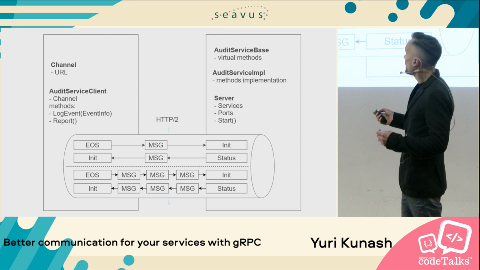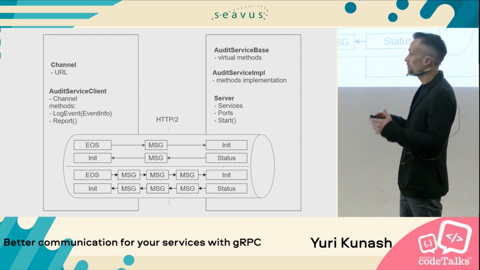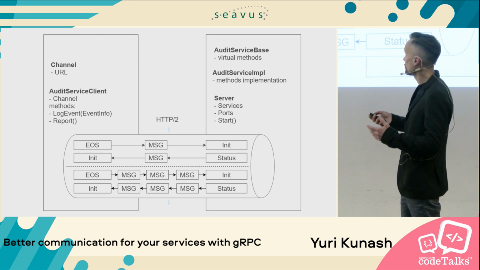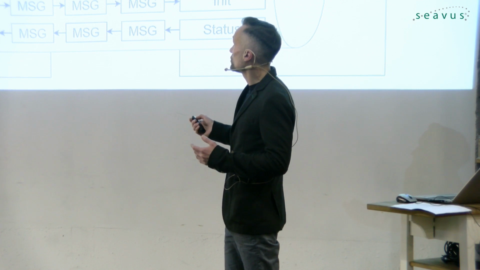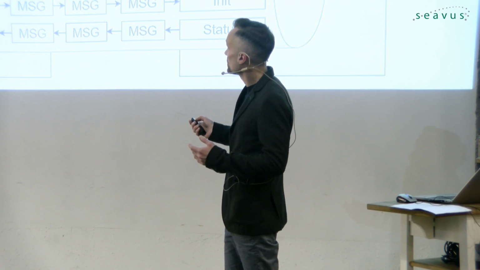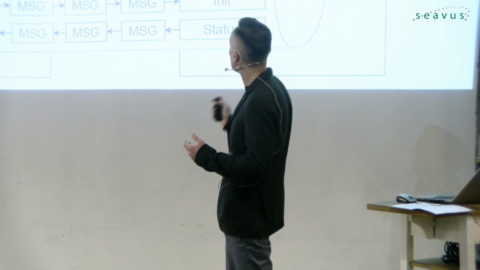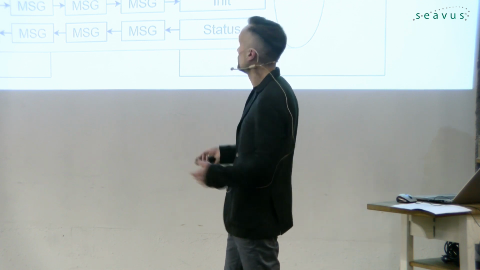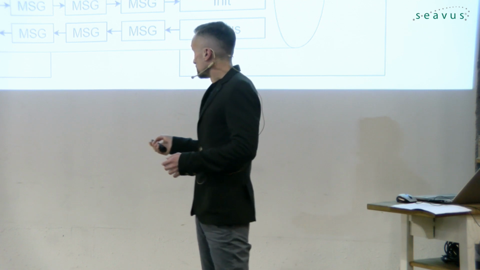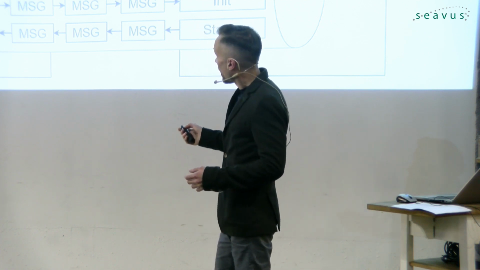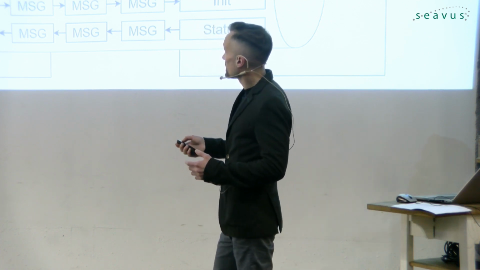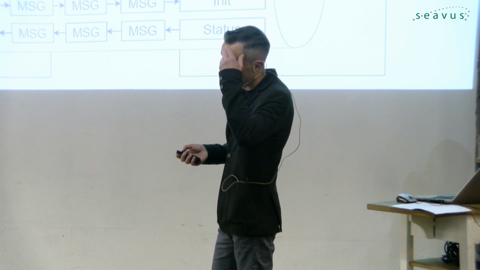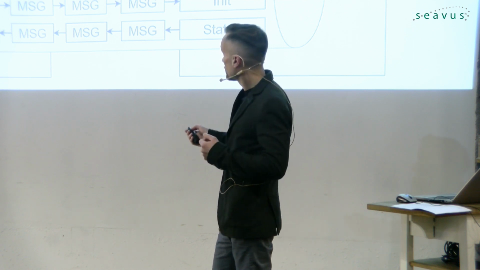On the client we have a channel, which is provided by the Google gRPC NuGet package. For creating an instance of a channel, you just need to specify a URL which will point to the server, which is sitting on a different machine. The audit service client is actually a stub, which is called client.